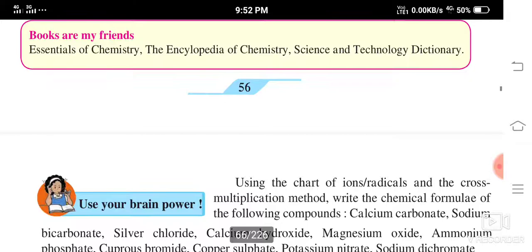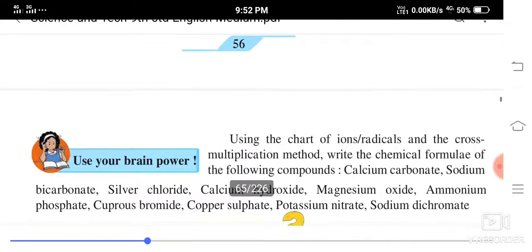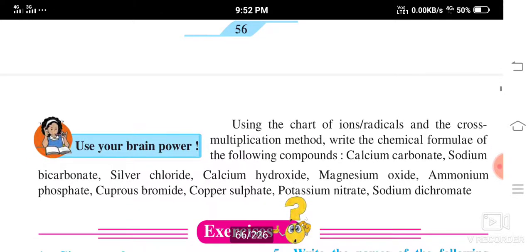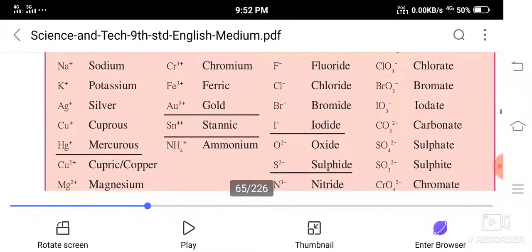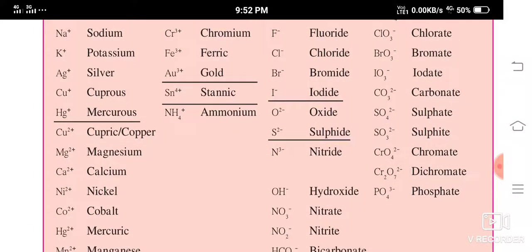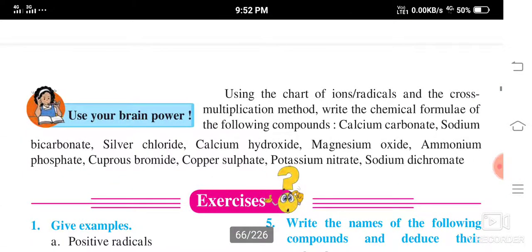Now see, silver chloride we will see. Silver is 1, and chloride is also 1. So AgCl.